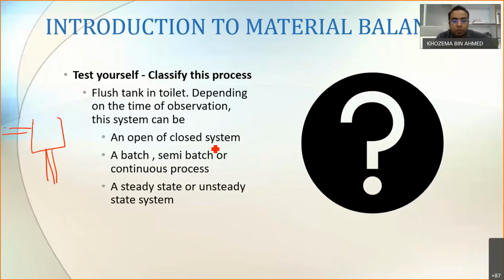So try to come up with a situation when your system will be an open system, when your system will be a closed system, when your system is a batch system, when your system is a semi-batch system, when is your system a continuous process, and when is it steady state, and when is it unsteady state.